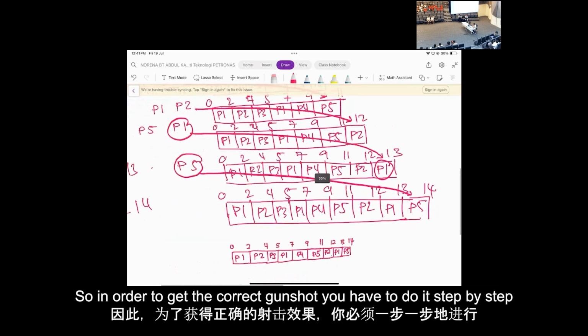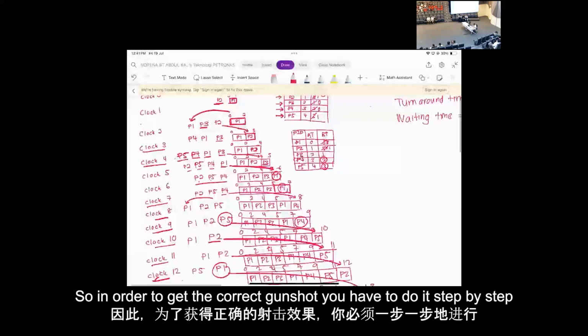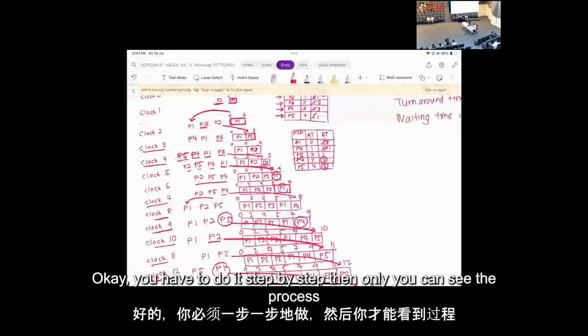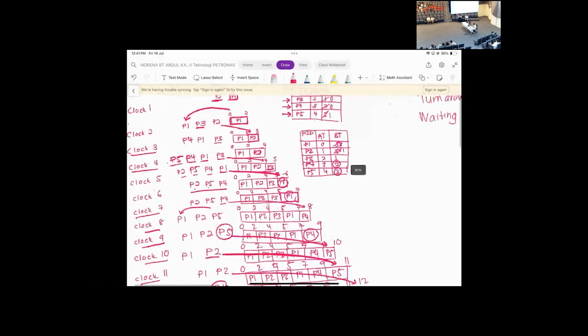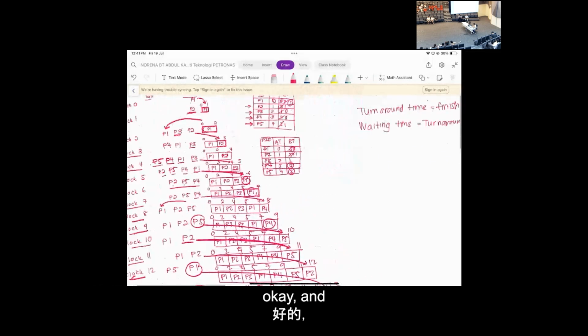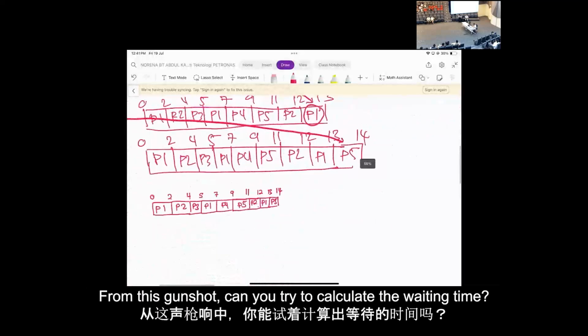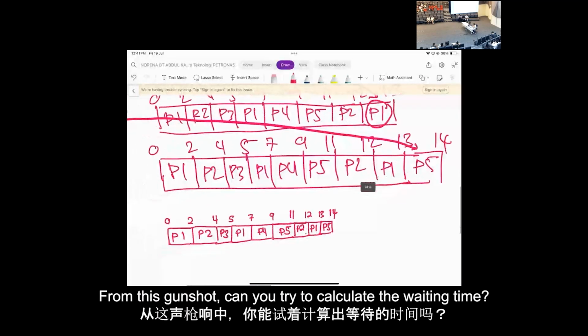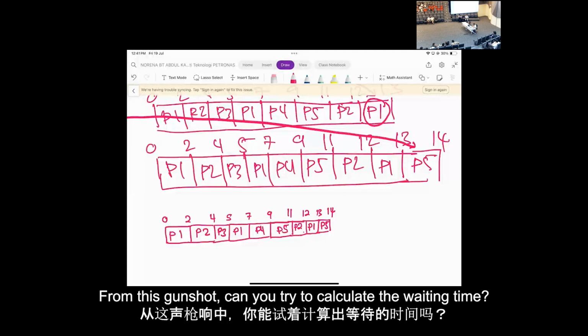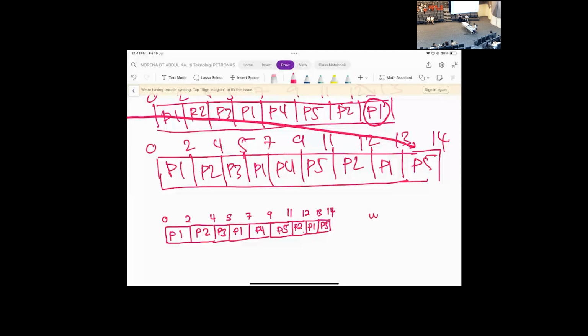So in order to get the correct Gantt chart, you have to do it step by step, then only you can see the process. And from this Gantt chart, can you try to calculate the waiting time and also the turnaround time?